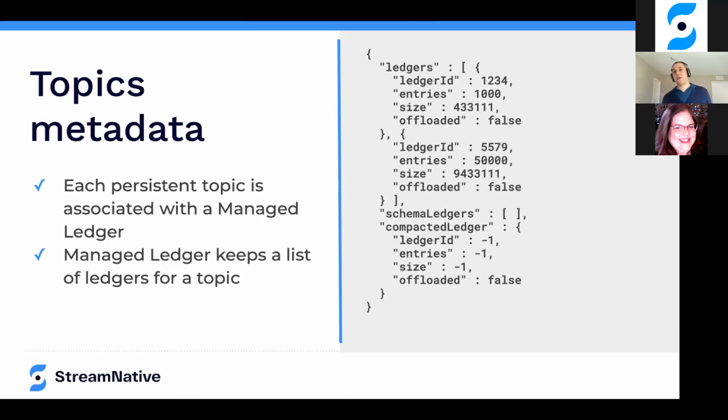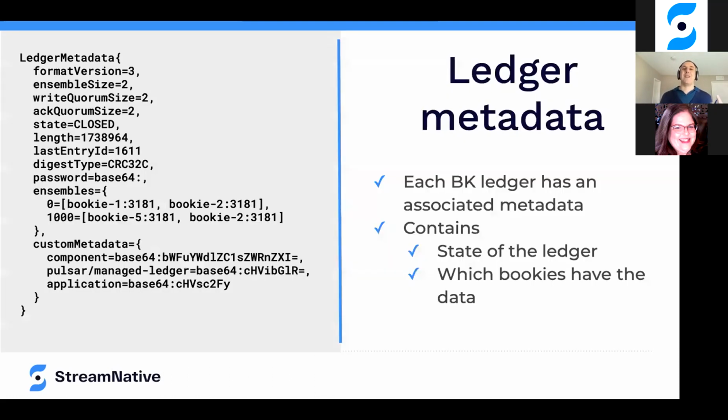As I said, BookKeeper also uses the metadata. For each ledger, there is an associated ledger metadata, because a ledger can have different states. In this case, the state is marked as closed. It might be an open ledger, so it will be marked open, or in recovery.